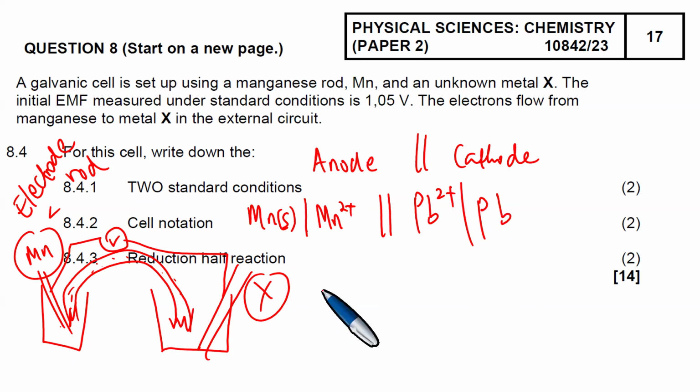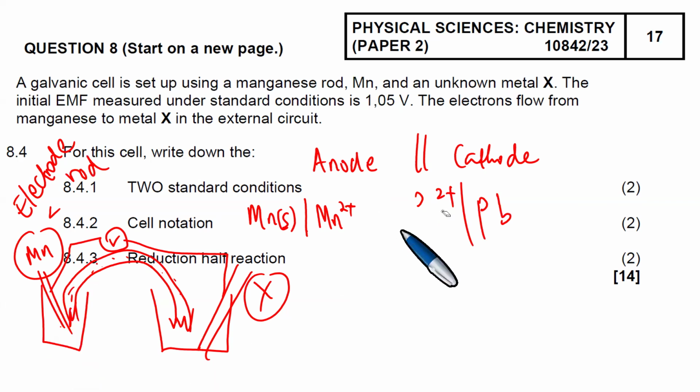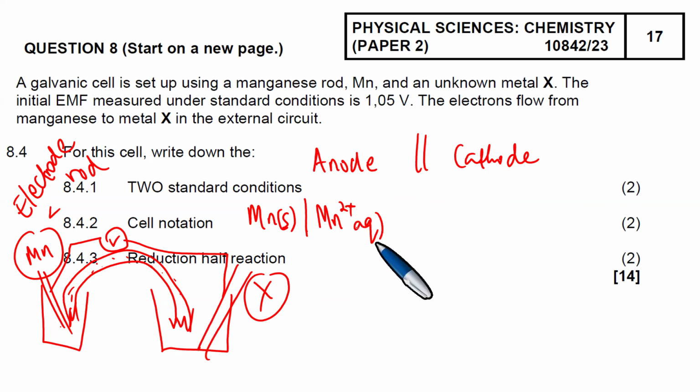Right, and when you write like this, now you can write more. I want you to learn how to write like this. There are more details I want you to include. So you can put the manganese in aqueous, then put 1 mole per cubic decimeter.